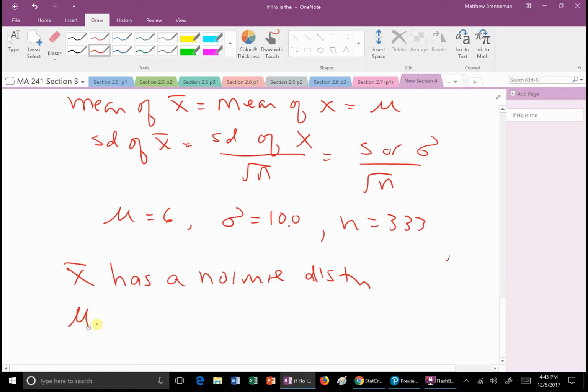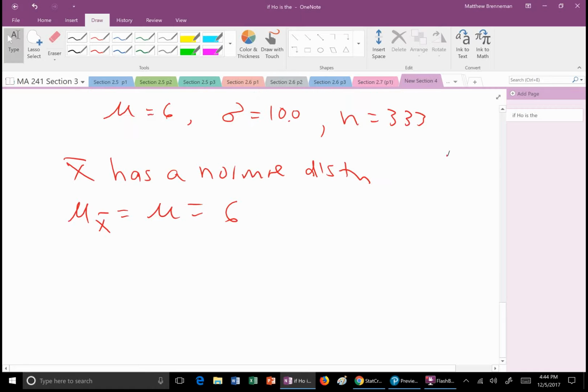its mean, which sometimes we write like this, the mean of x bar is equal to mu, which is equal to 6, and the standard deviation of x bar is equal to the standard deviation of x divided by the square root of n, which is 10 divided by the square root of 333.